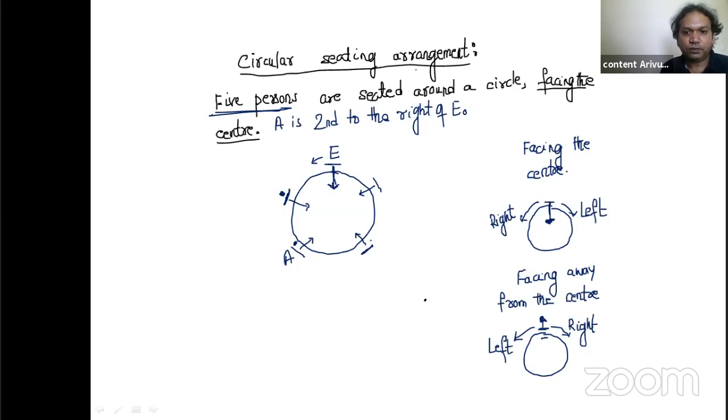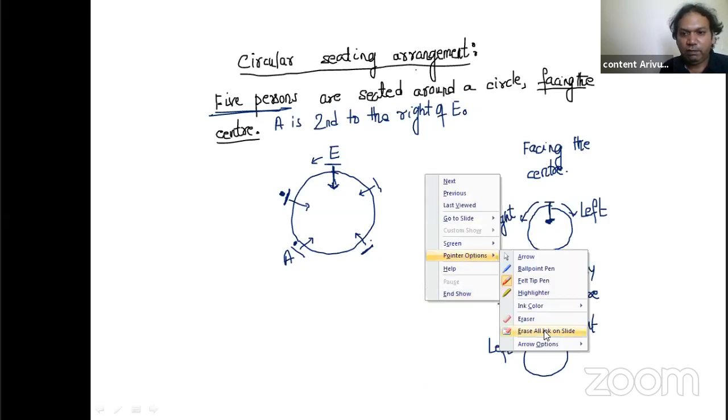Okay. Now, final type, third type, that is two rows. Let's say, for example, 6 persons.